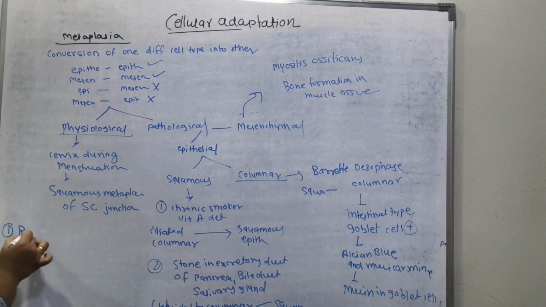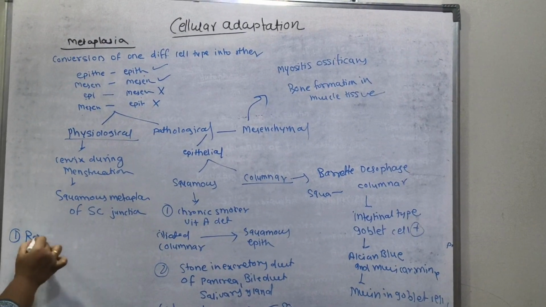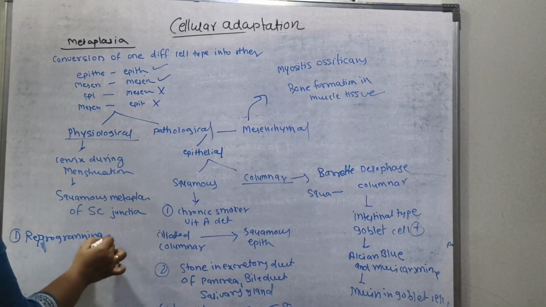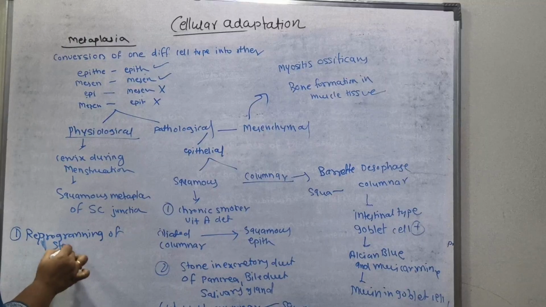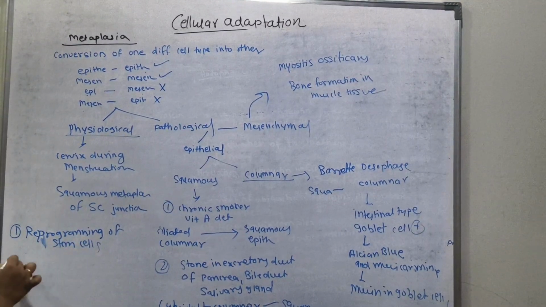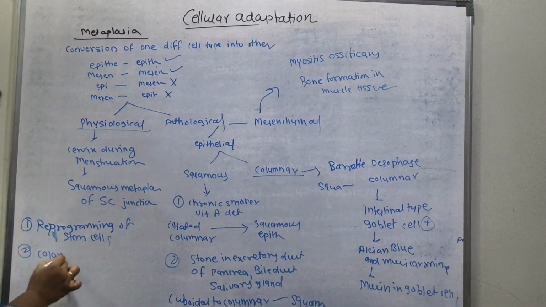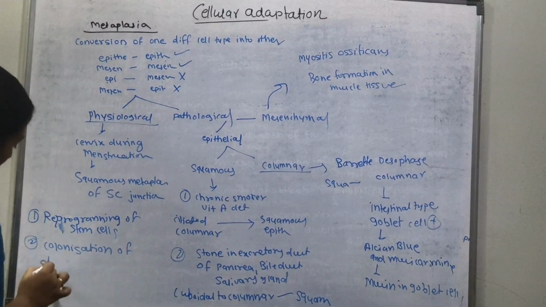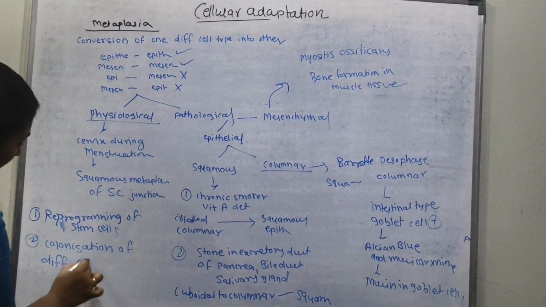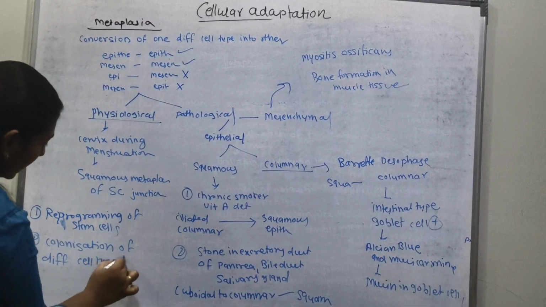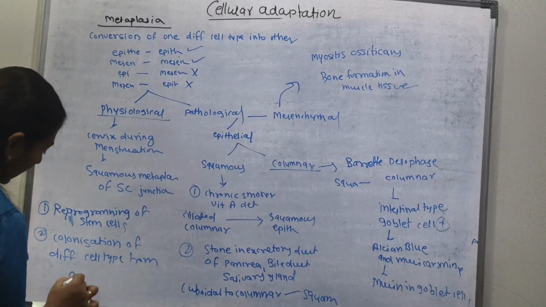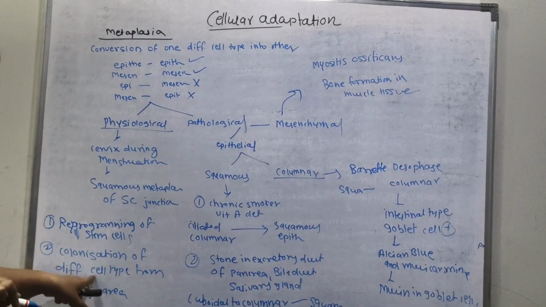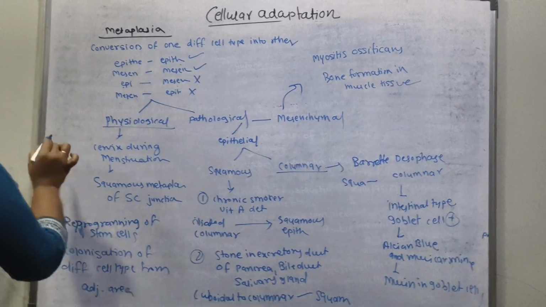The first one is reprogramming of stem cells, and the second one is colonization of a different cell type from the adjacent area. What is the meaning of colonization of a different cell type from the adjacent area?